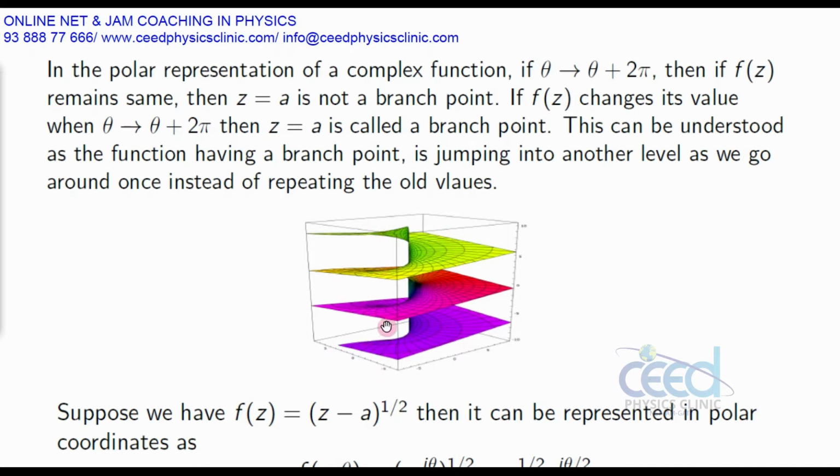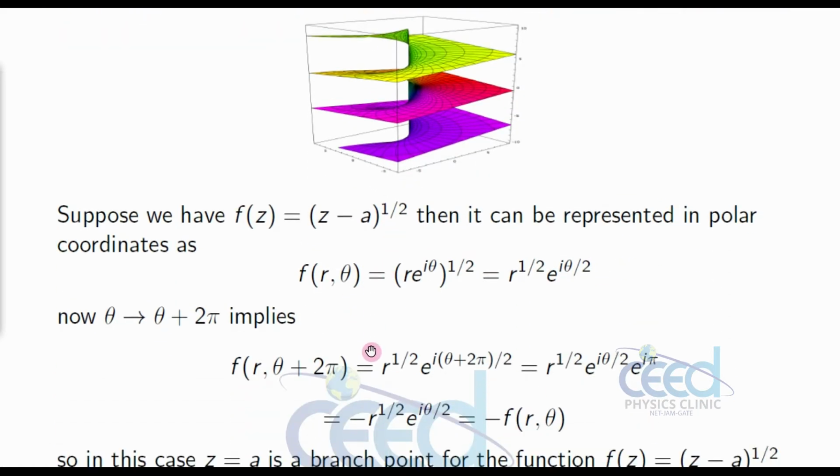If you repeat the values, it will jump into a different level. For example, suppose you have a function f of z is equal to z minus a whole raised to 1 by 2.